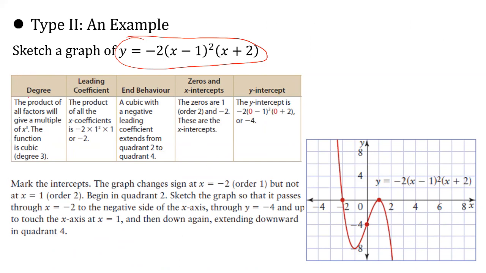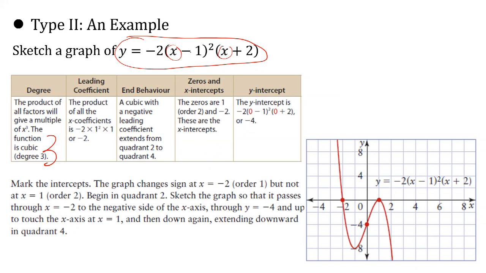So degree. Okay, if we expand this function, we can see that there are 2 x's here, 1 x here. So if we multiply them all together, the largest order must be 3. So the degree of the function is 3, right? Degree is 3. Leading coefficient. It also can be easily seen that the leading coefficient is -2, right?